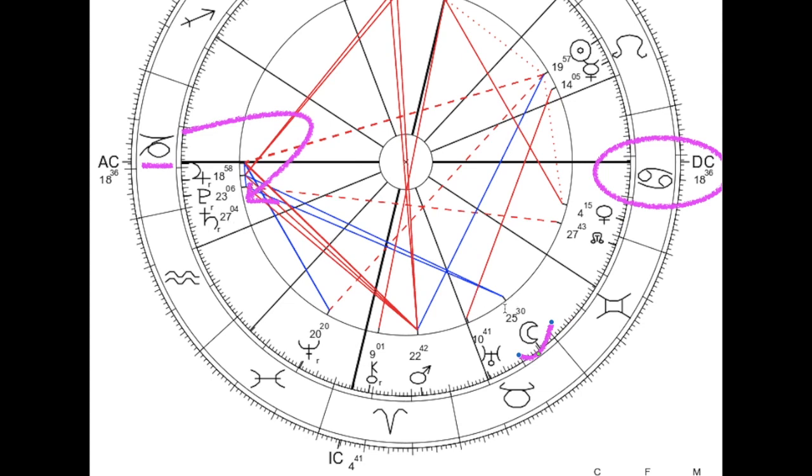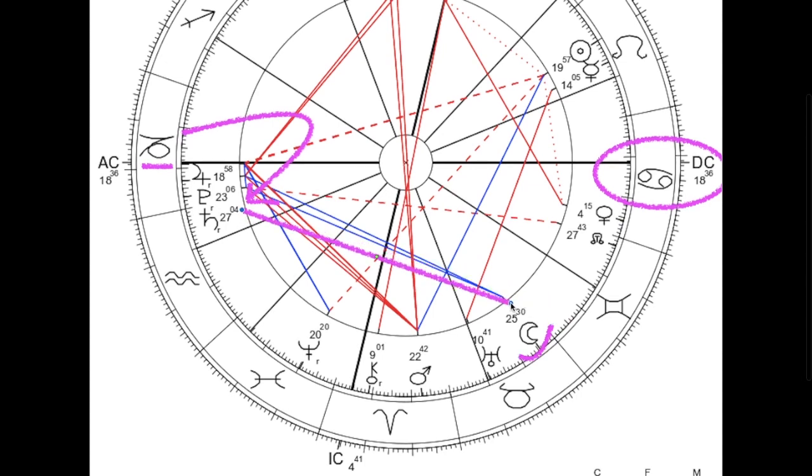And there is an aspect between Saturn, which is Suzanne, and the Moon. 27 degrees of Capricorn is Saturn, and 25 of Taurus is the Moon. So that shows an aspect between those two.